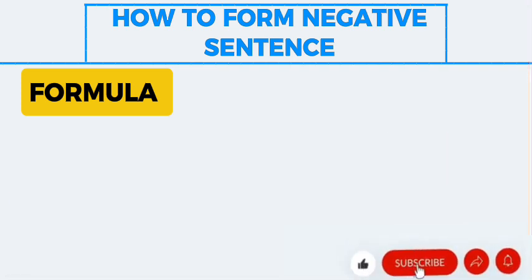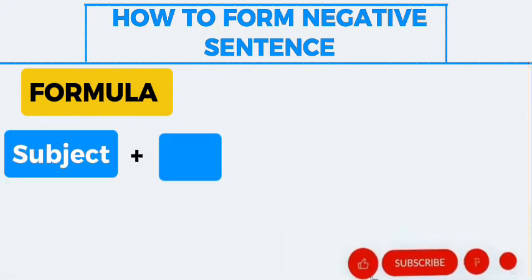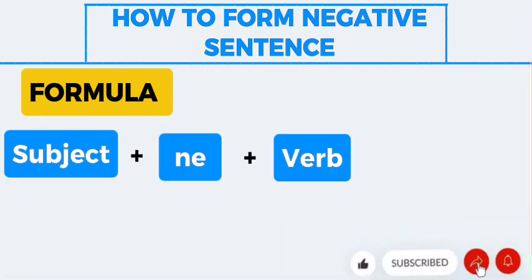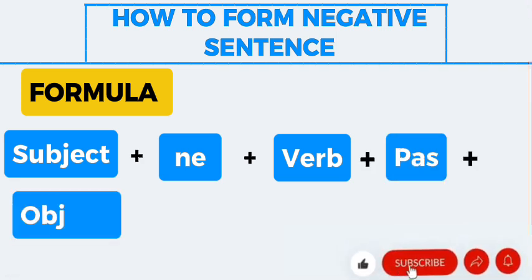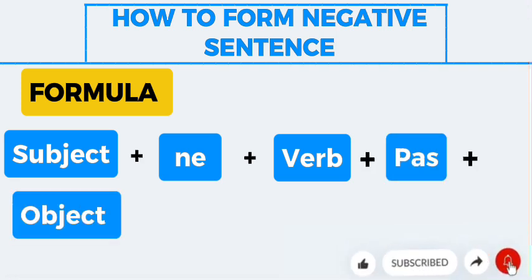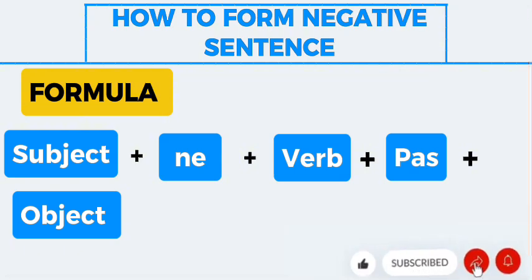Let's take this again. Subject plus ne plus verb plus pas and then plus the object. With this formula in mind, you can form as many negative sentences in French as you want. So please make sure you memorize this formula.